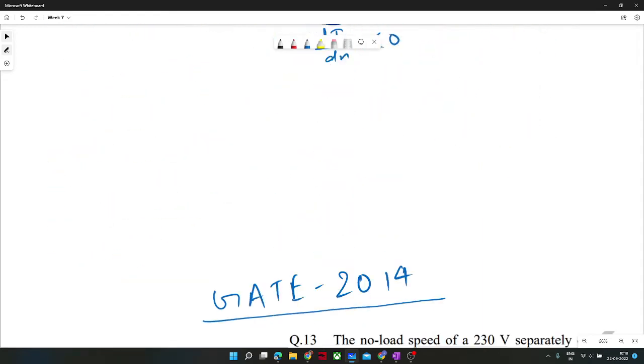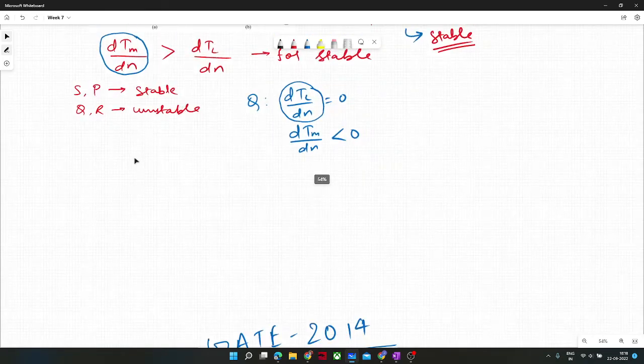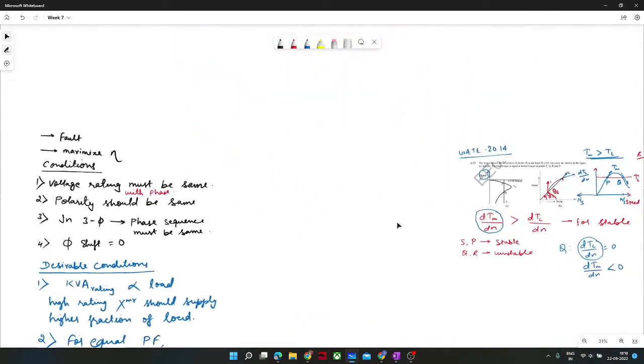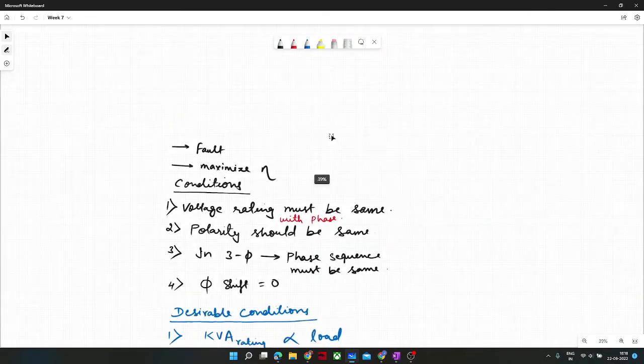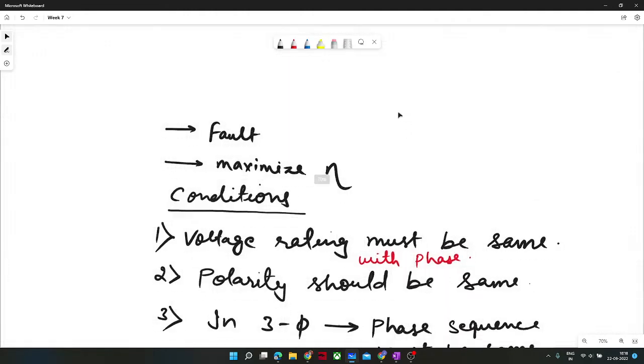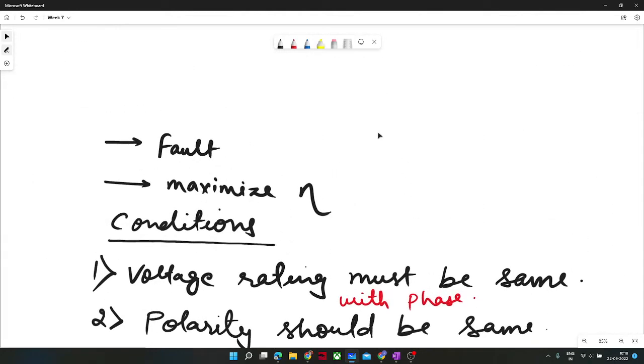So moving ahead with parallel operation of transformers here, I had written some points. See, why do we operate two or more transformers in parallel?